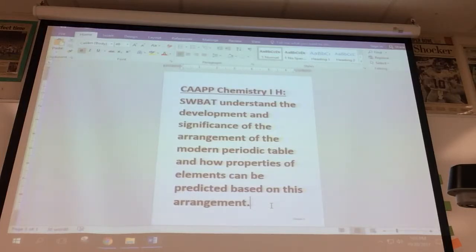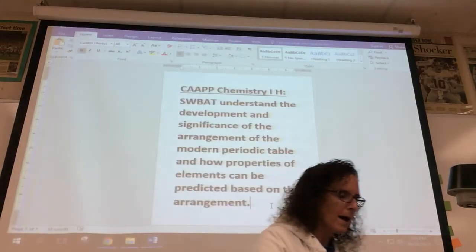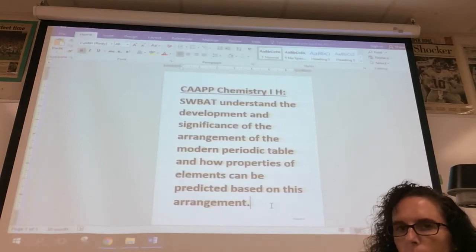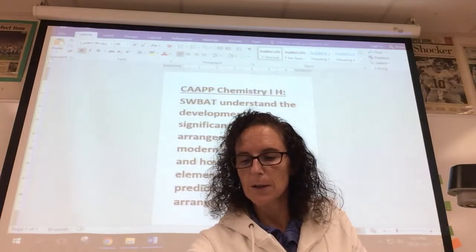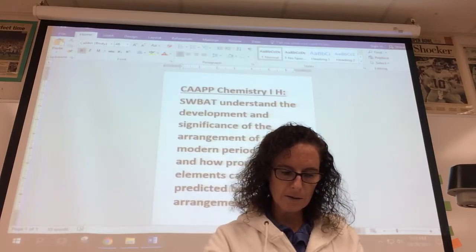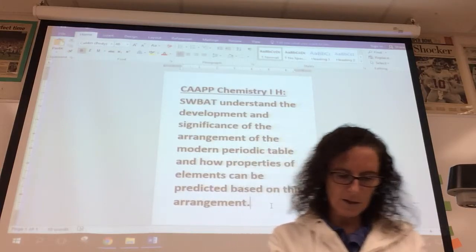The other day we talked about the atomic radius, and we also talked about ionization energy. And what I want to make sure that you are extremely comfortable with are those periodic trends that we talked about the other day.